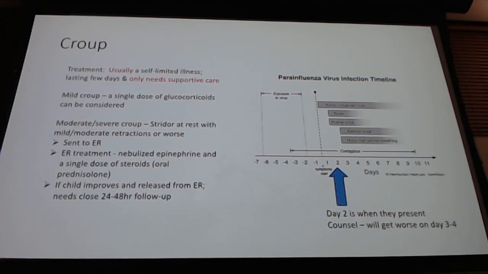Usually they'll come in right here when that barking cough starts, or they start to have the hoarse voice, or they pop a fever. If you're considering croup in your differential, we just need to prepare parents that for the next 48 hours it might get worse. If they know that, it just helps to manage our expectations, and have them come back and get them through the hump.